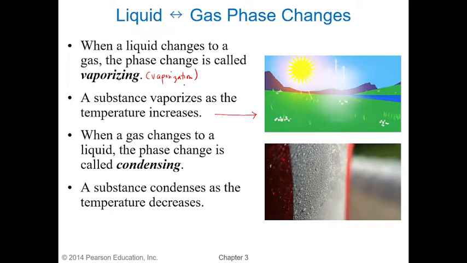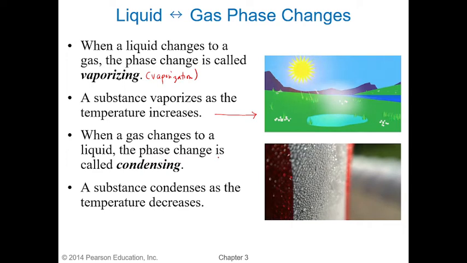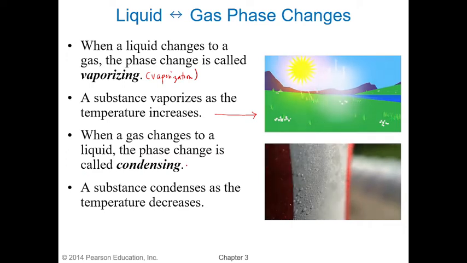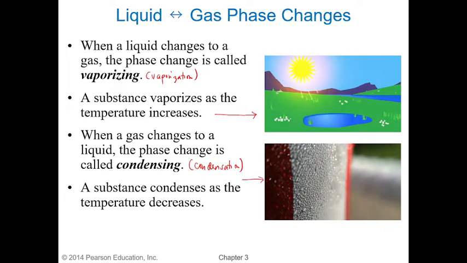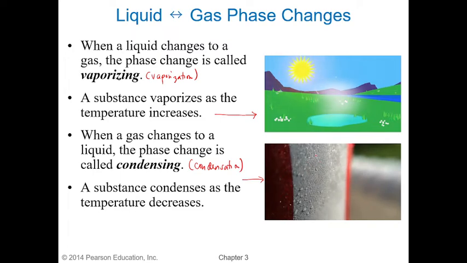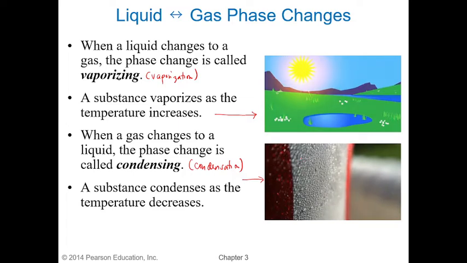But if we do the reverse, from gas to liquid, so when a gas changes to a liquid, the phase change is called condensing, or we also call it condensation. For example, this one, the gas on your window gradually forms droplets.